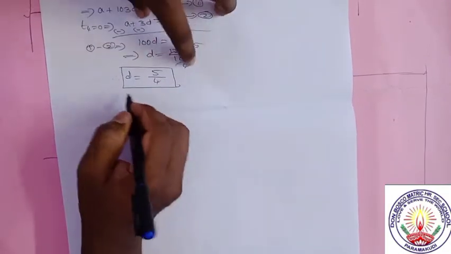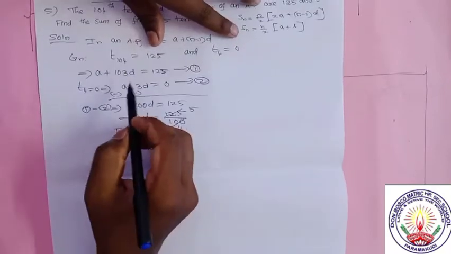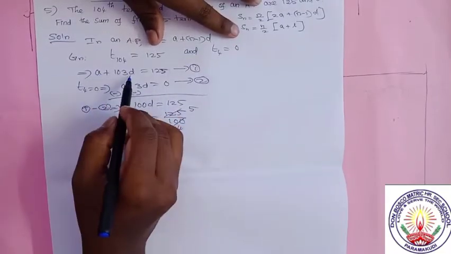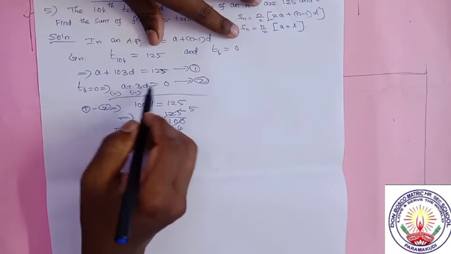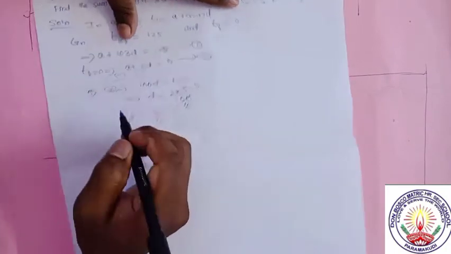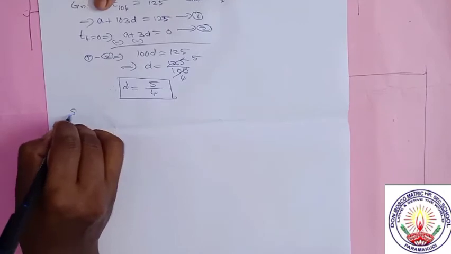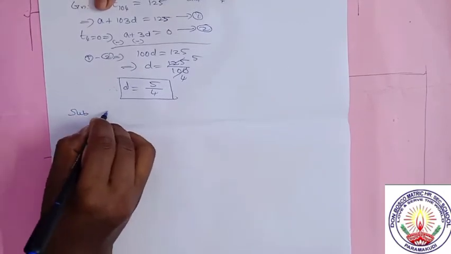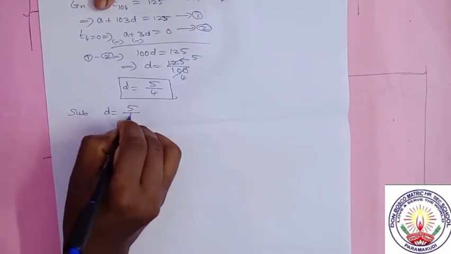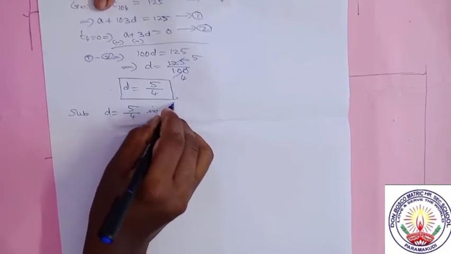The next thing, we have to find the value of A. Equation 1 has A and D, equation 2 has A and D. Equation 2 is a simple equation, so substitute D is equal to 5 by 4 in equation number 2.